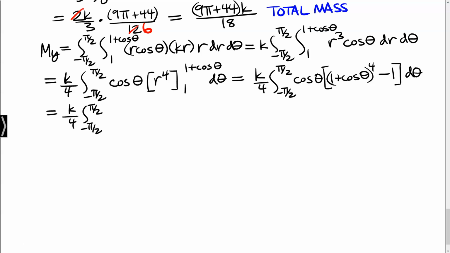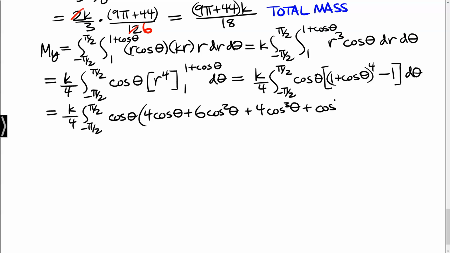So the 1s cancel out, but then the first term we do get is 4 cosine plus 6 cosine squared plus 4 cosine cubed plus cosine to the 4th.